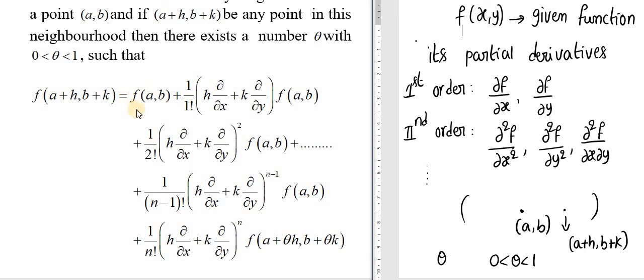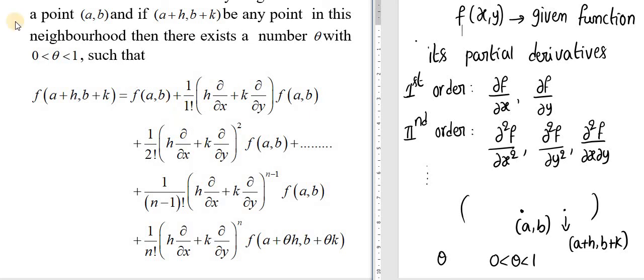How we are going to get this means by replacing x with a, y with b, plus 1 by 1 factorial h into dou by dou x plus k into dou by dou y of f of a, b, plus 1 by 2 factorial into h dou by dou x plus k dou by dou y whole square f of a, b.